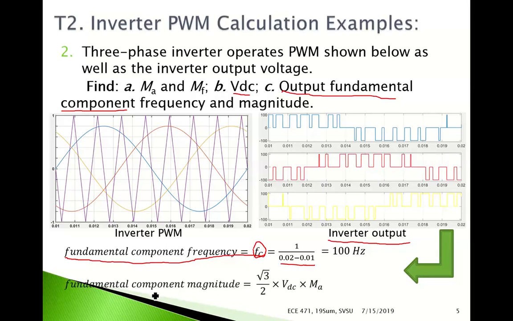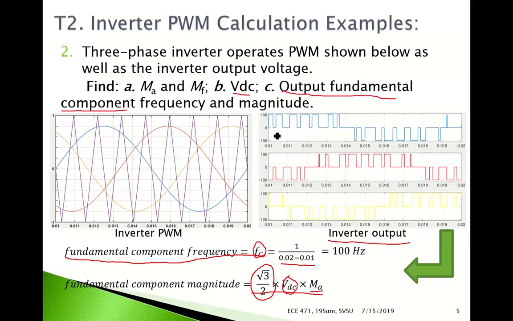Second, the fundamental component magnitude follows this formula for a three-phase inverter, which is different from the single phase. Okay, this is the formula we need to know very well, and be careful of the different factor, square root of 3 over 2. So what we need to know is just the VDC value here, because the MA was obtained from the previous step already.